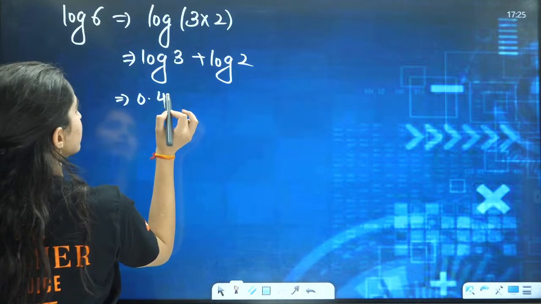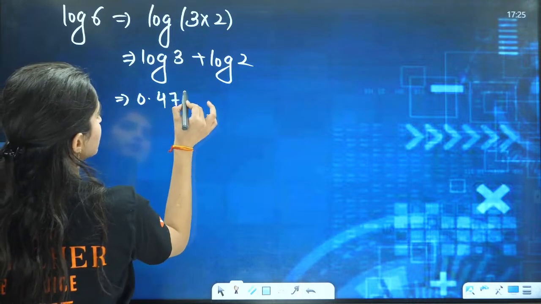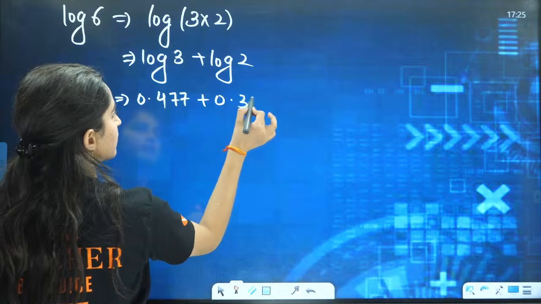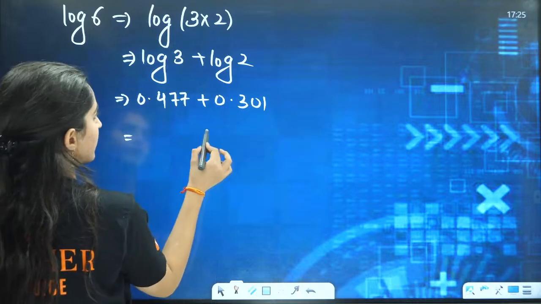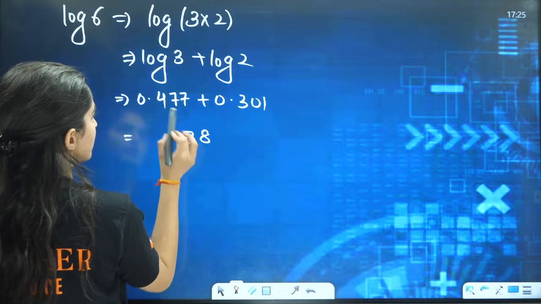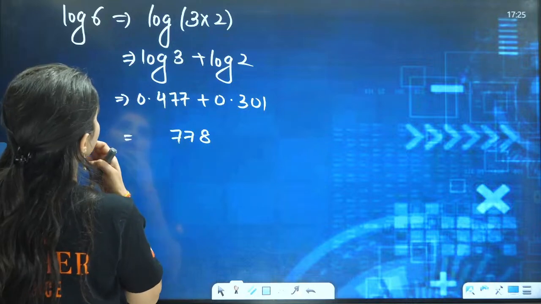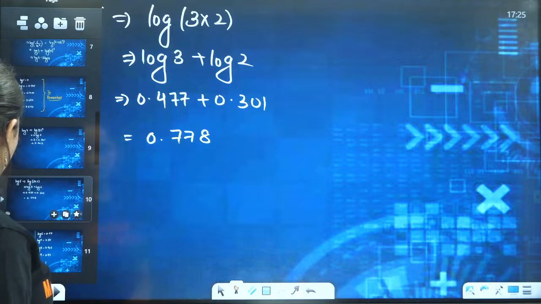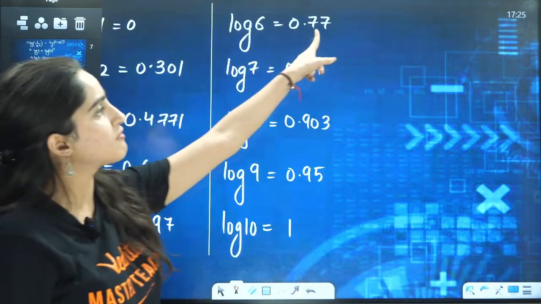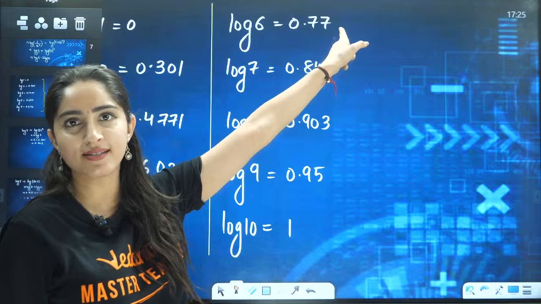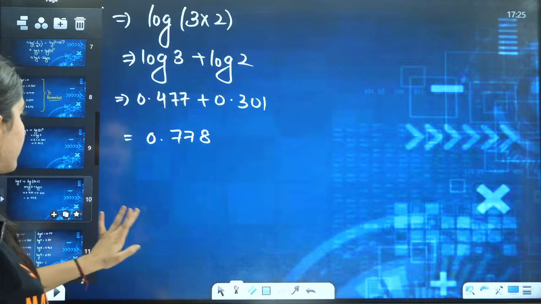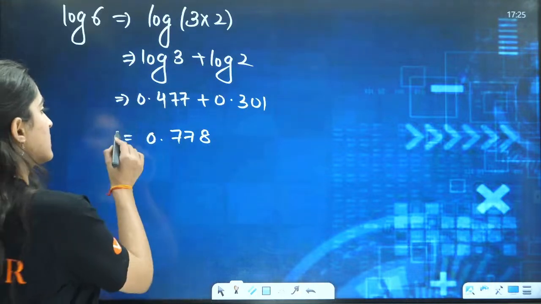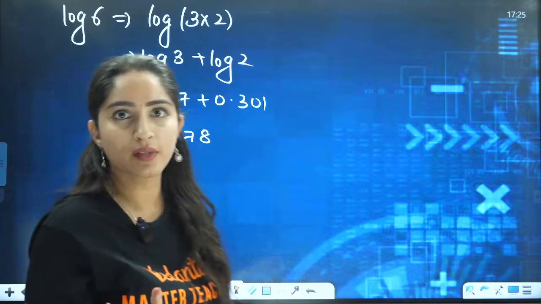Log 3 is 0.477 plus 0.301. That becomes 0.778. Wait a minute, yes, 0.778. And we have calculated 0.778. So that becomes your answer, right?